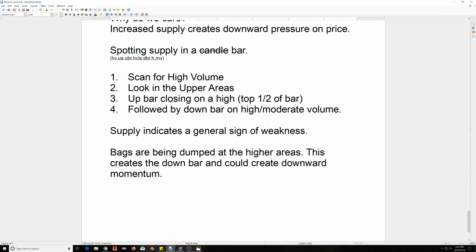All right, so let's get back to this. Supply indicates a general sign of weakness, and weaknesses usually occur at the top. Let me type that in.